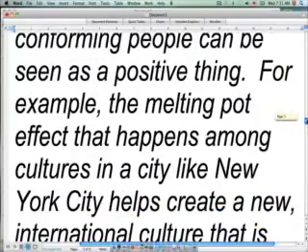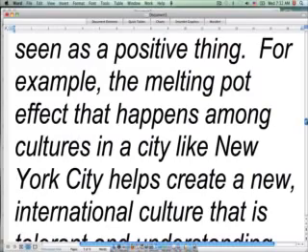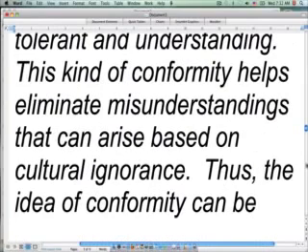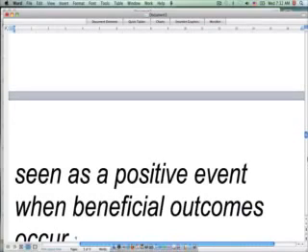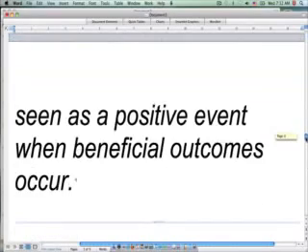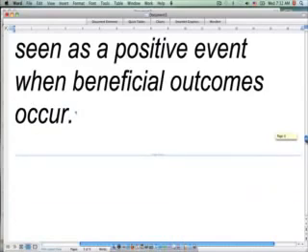For example, the melting pot effect that happens among cultures in a city like New York City helps create a new international culture that is tolerant and understanding. This kind of conformity helps eliminate misunderstandings that can arise based on cultural ignorance. Thus, the idea of conformity can be seen as a positive event when beneficial outcomes occur.